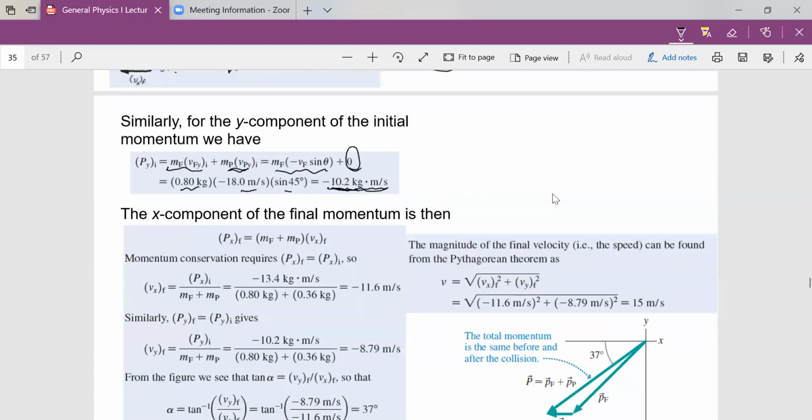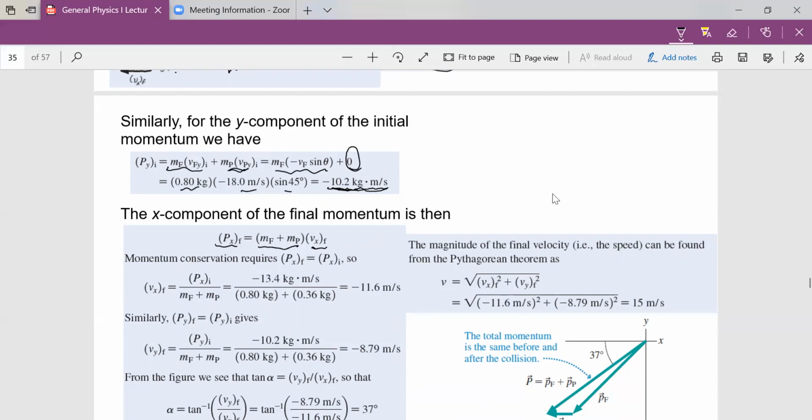So for the final momentum, the X component will be Px final, the combination of those two masses and their common velocity for the X. So from the conservation of momentum law, we have that the final for the X plane will be equal to the initial for this momentum to be conserved.